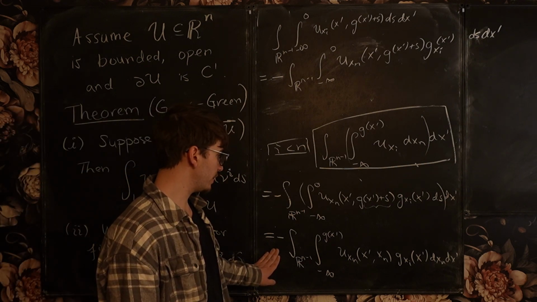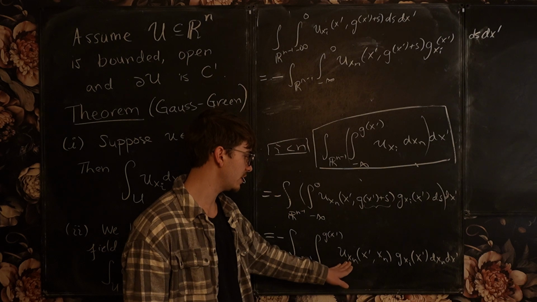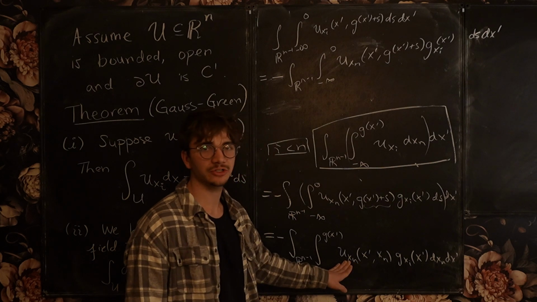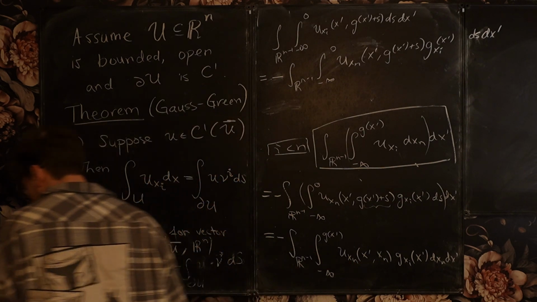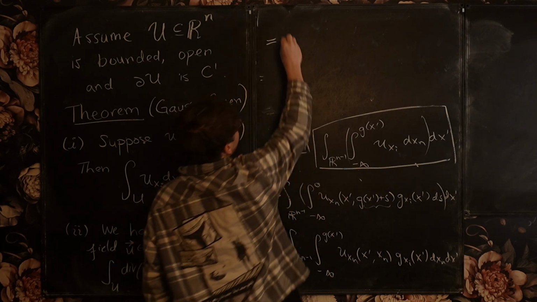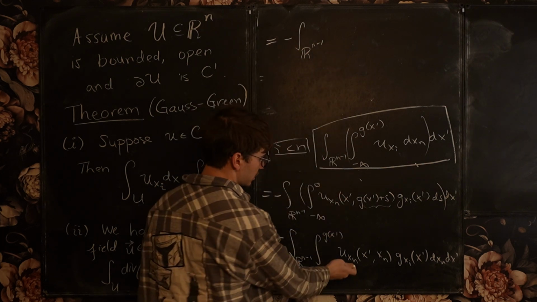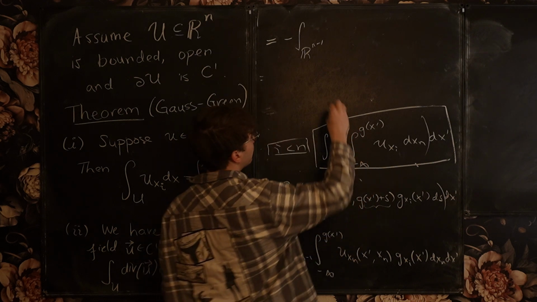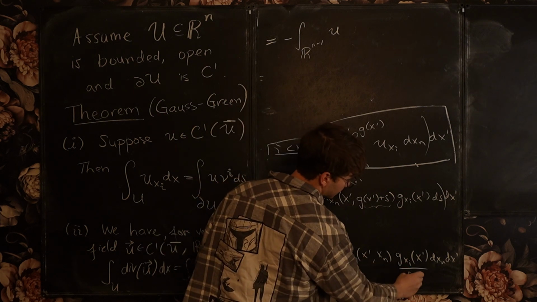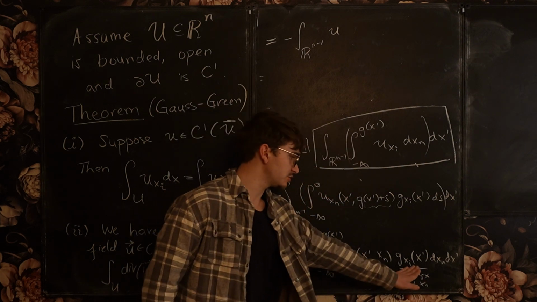But now, look, we can just apply the fundamental theorem of calculus and integrate with respect to xn. We now have a derivative which depends on the xn variable, so we can perform the integration with respect to xn here. This integral is going to be the negative integral over Rn minus 1. Applying the fundamental theorem of calculus, I have u evaluated at the bounds. g_xi, by the way, is constant with respect to xn, so we can just pull it out of the integral.